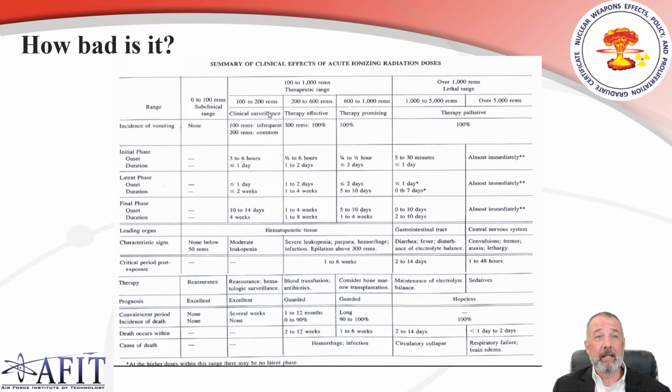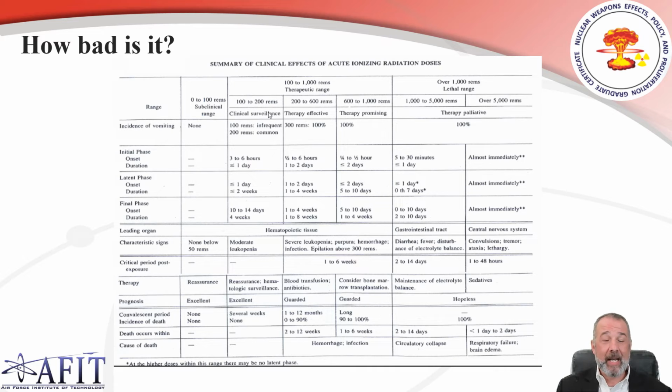And generally speaking, the way that they expire is due to circulatory collapse. However, if you go over 5,000, what ends up happening is the respiratory system fails, your autonomic systems fail because you have massive damage to your nervous system. So, pleasant, I know, but this is very important when we talk about ionizing radiation coming from a nuclear weapon detonation.